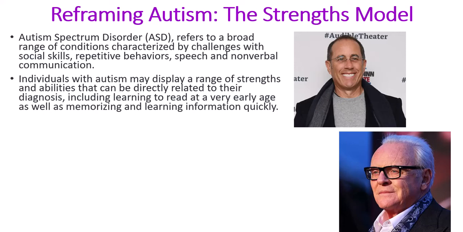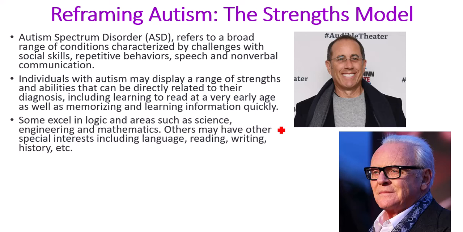I know someone, for example, who is on the autism spectrum and was reading at the age of 2, was writing short stories and plays by the age of 5 or 6. Some excel in logic, areas of science and mathematics. Others may have different special interests, including language, reading, writing, history, etc.